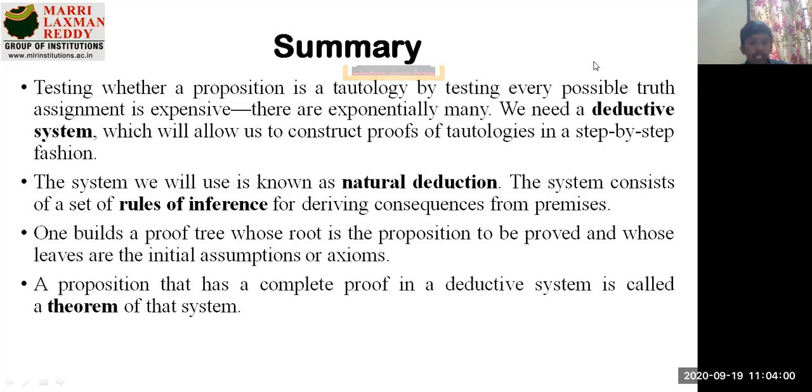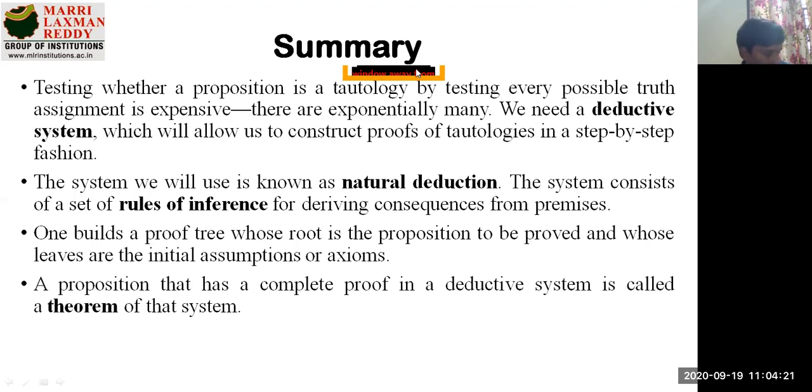A proposition that has a complete proof in a deductive system is called a theorem of that system. The theorems, the axioms, all these things, the theorem proofs can be done using the natural deductive system, and for that you need to follow the rules of inference. So that's it, guys.